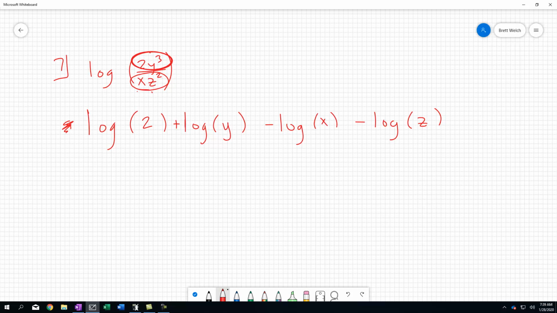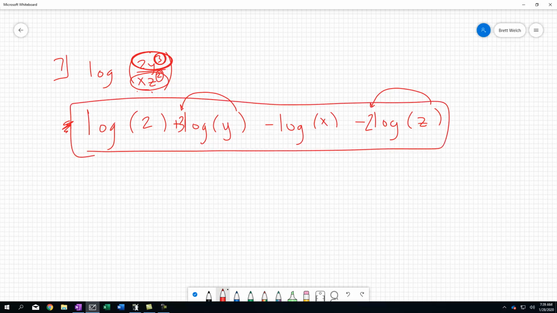The last thing we have to identify is that anything that has an exponent, that y had an exponent of 3, that y's exponent is going to go right in front of the logarithm. And the same thing with this 2 on the z, it's going to go right in front of that logarithm. It doesn't go in front of x's and z's, just the one that it's attached to. And that's a fully expanded logarithm. Log of 2 plus 3 log of y minus log of x minus 2 log of z.